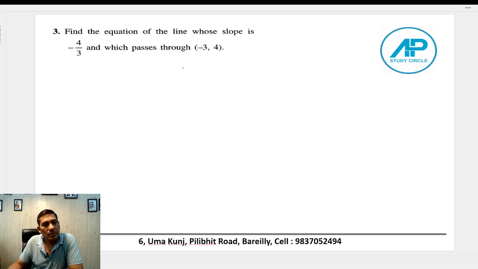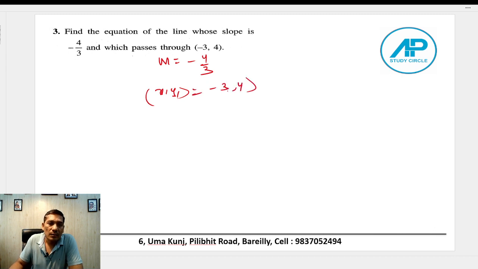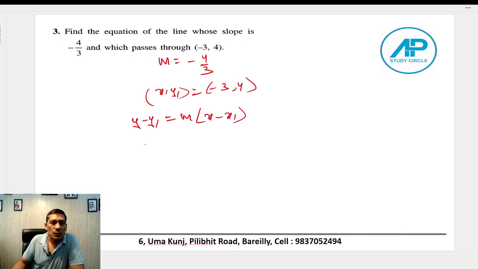So here comes the question on the point and slope form. You can see the point is (-3, 4), slope is -4/3, and x1, y1 is (-3, 4). Y minus y1 equals m times x minus x1.